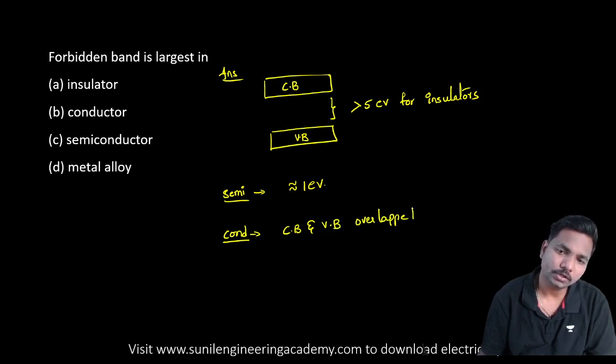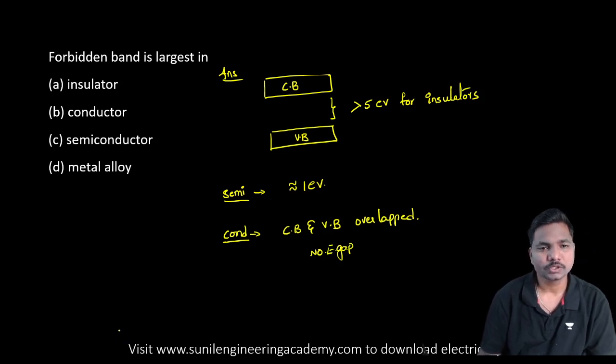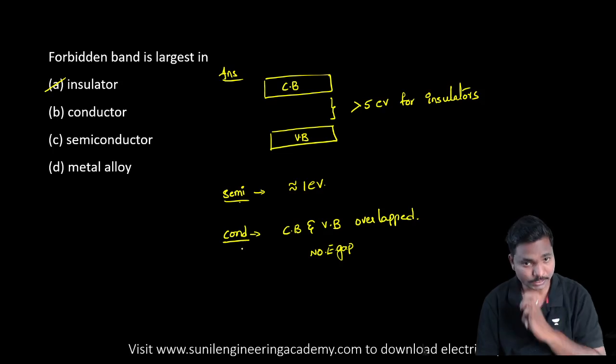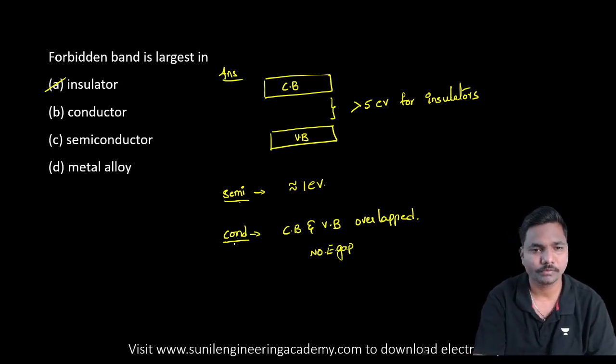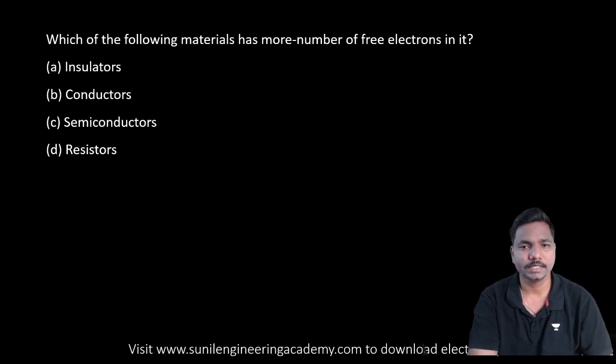Overlapped in the sense no gap, no energy gap between those. So it is largest in case of insulators. After that semiconductors, after that conductors we don't have any. That's why electricity can easily flow.